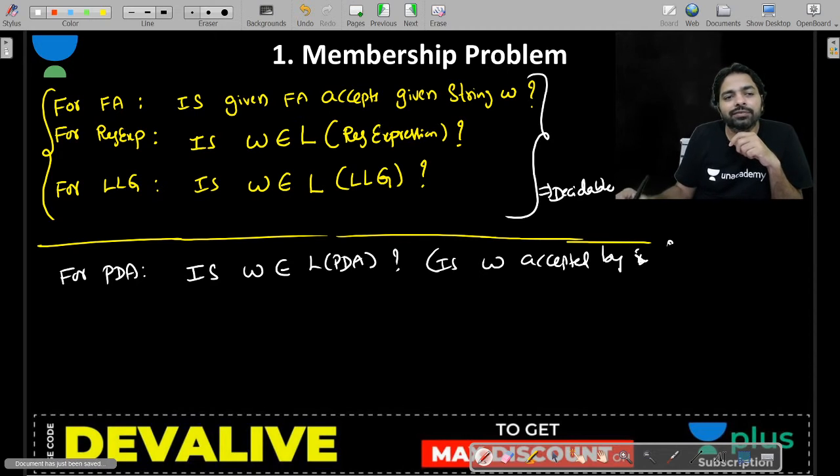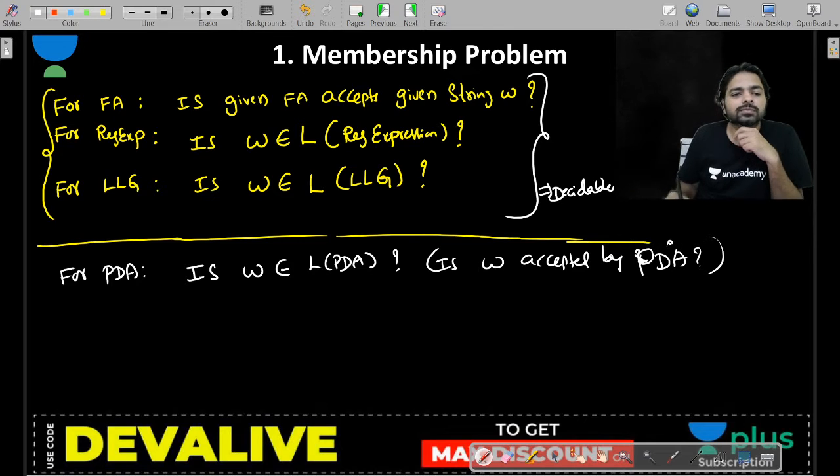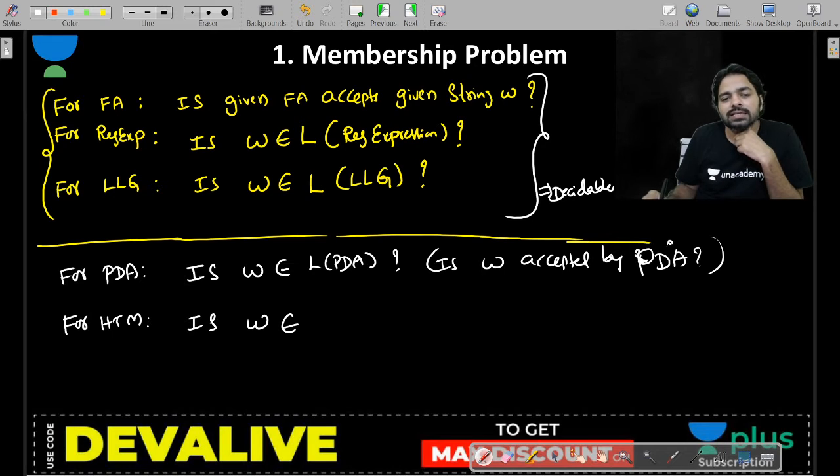Today we are looking at definitions, guys. And similarly for HTM, what is it, guys? W is also given. Is the given W accepted by the given HTM? Two things are given.